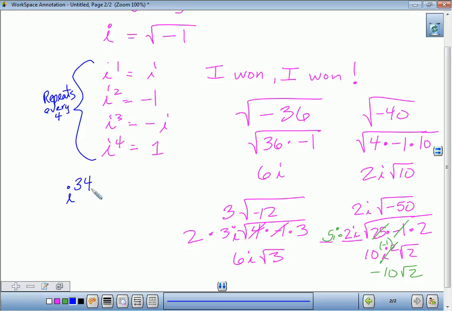So what we do is we take that exponent, divide it by 4, and what we care about is the remainder. So we divide 34 by 4 and we get 8, and the remainder is 2, which means it's the same as i squared. And i squared is -1. So it's the remainder we're looking at for the larger powers.